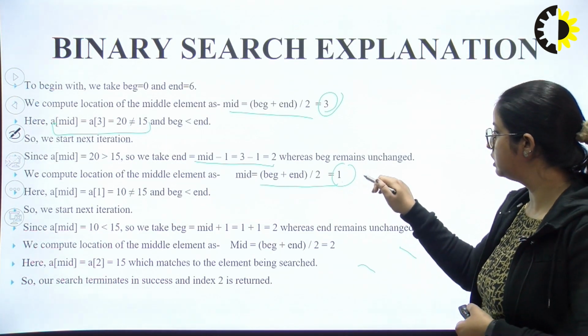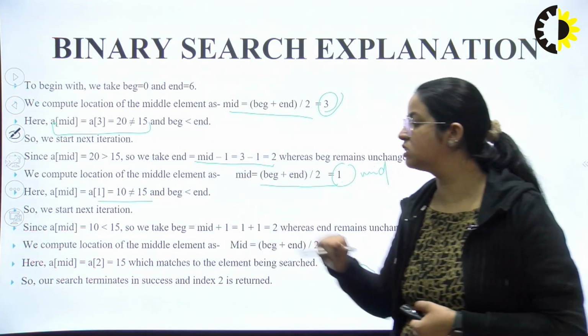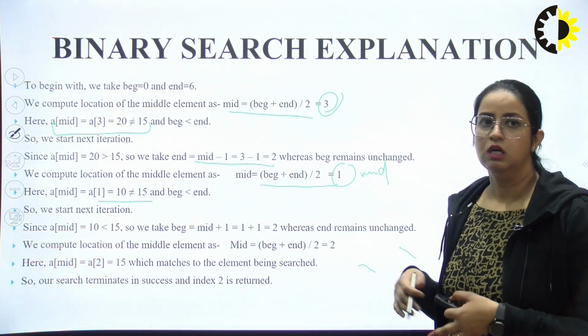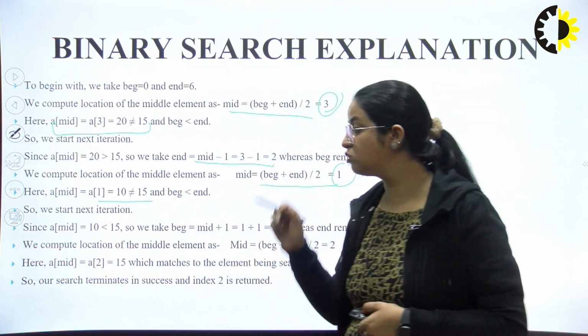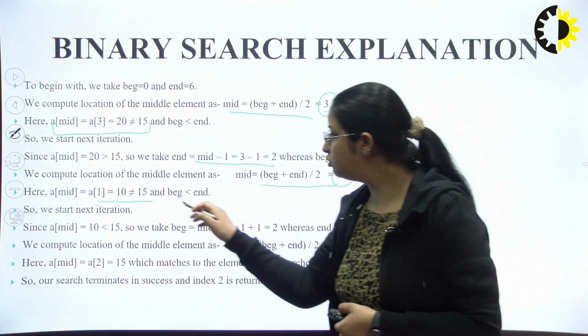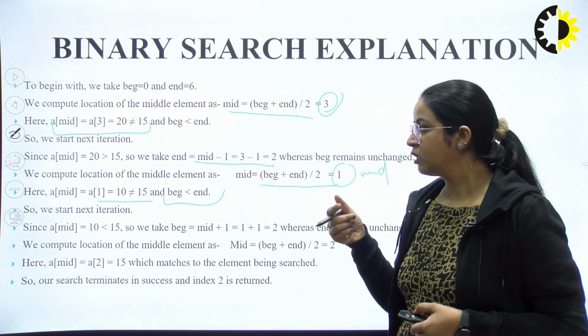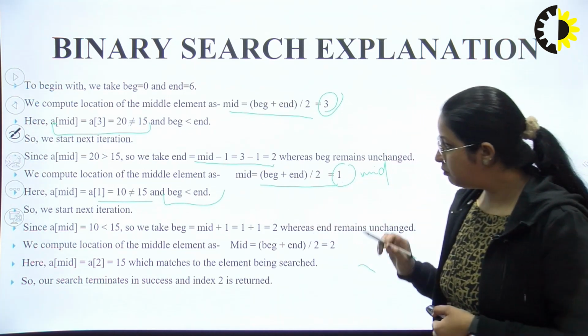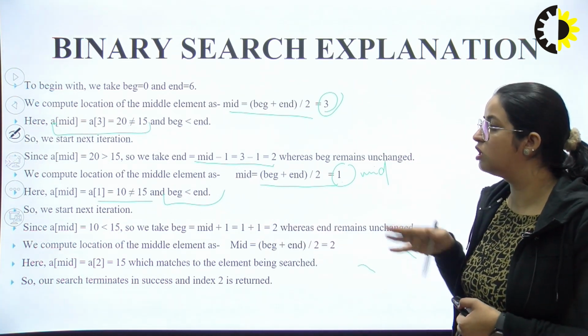This is our new mid. Now again check whether this mid is greater than, equal to, or smaller than the search element. Again you find that the element is not equal to mid. The mid element is 10 and the search element is 15. Now our mid is smaller than the search element.